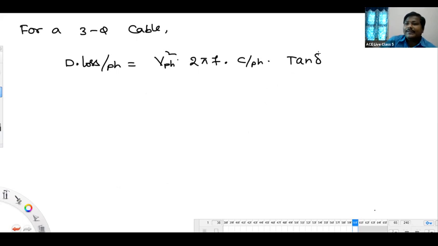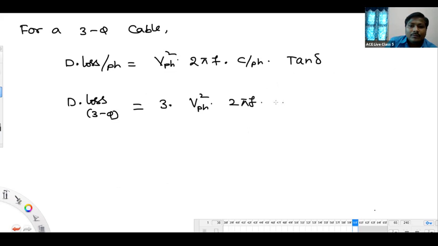Multiplied by 3, that gives the three-phase dielectric loss. So dielectric loss for three phase is equal to 3 into phase voltage square into 2 pi f C per phase into tan delta. This is for the three-phase cable.